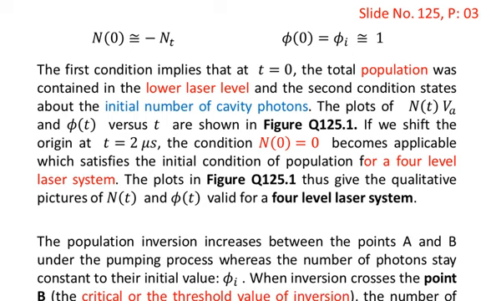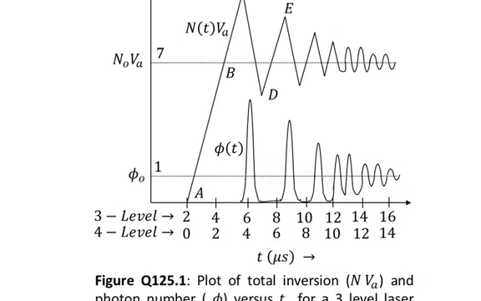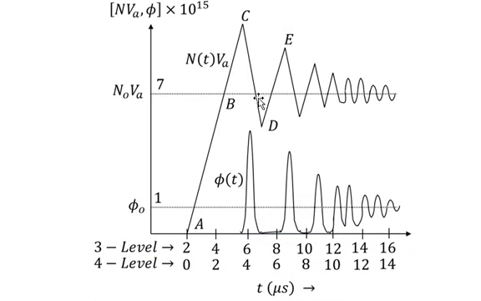So you see that we are showing the two conditions together, that is, these two plots for the quasi 3 level laser system and also for a 4 level laser system. And initially, when the time is 2 microseconds, the population inversion of the level number 4 will be equal to 0.